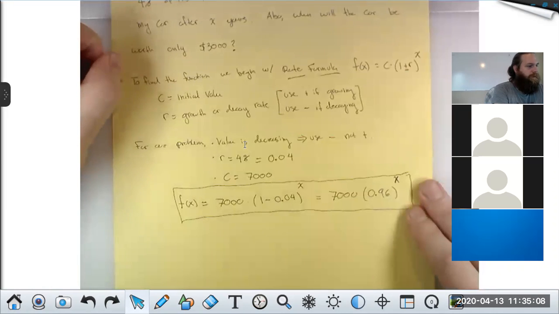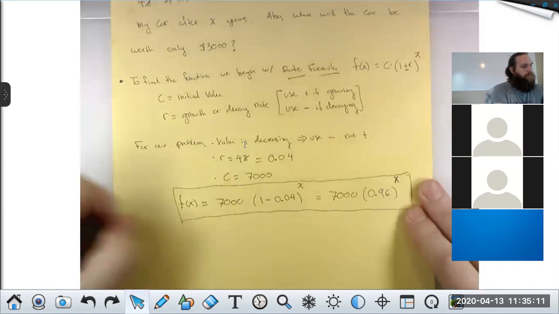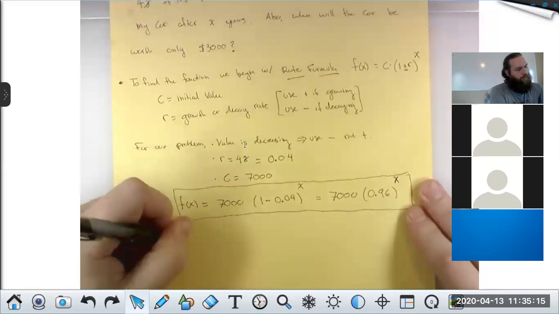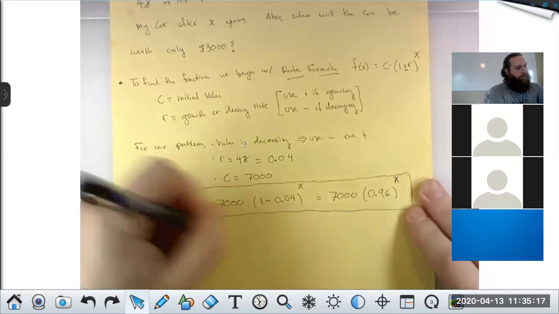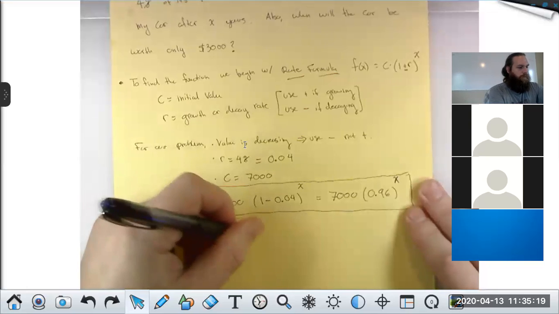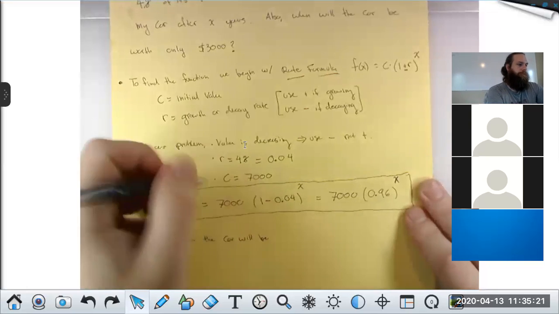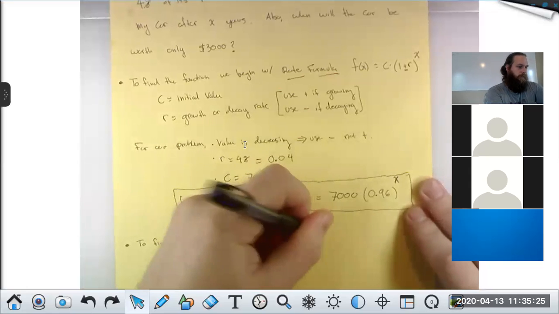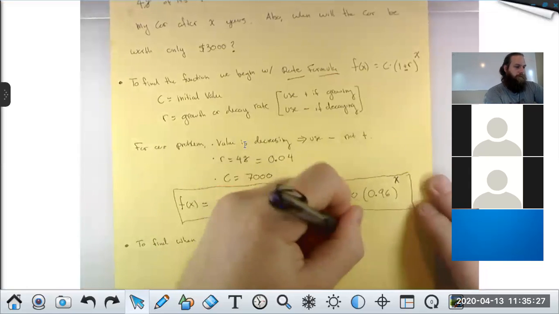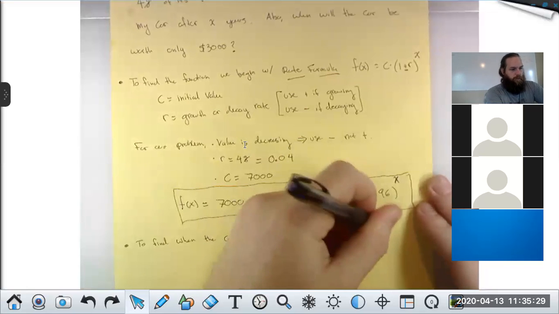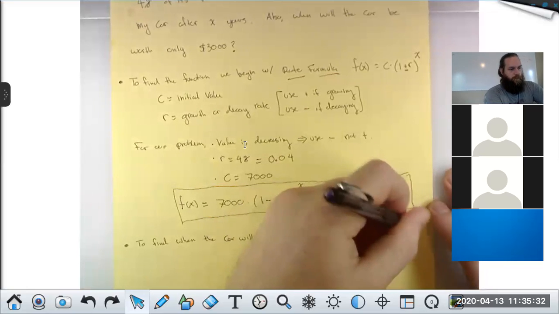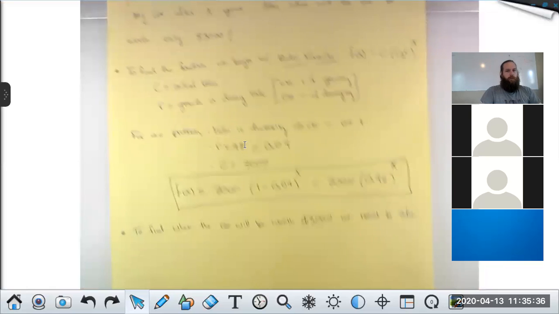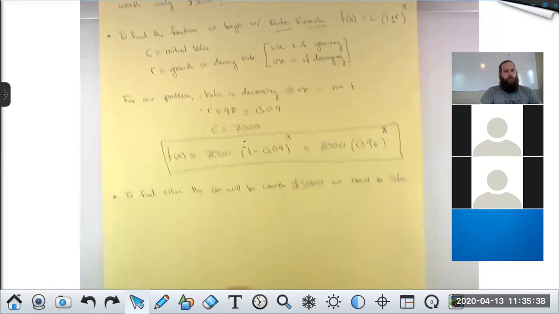But to solve the second part, to find when the car will be worth $3,000, we need to solve. We have to set up and solve an equation. So there's kind of two important bits to that.